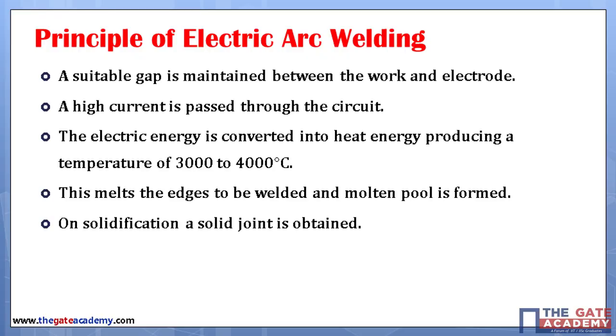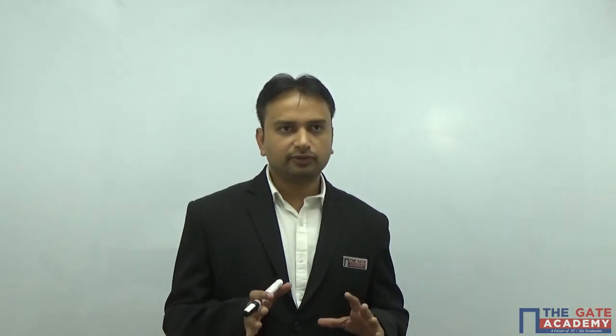Alright, my friends, the next topic we are going to talk about, as you can see on your screens, is the principle of electric arc welding. Now in electric arc welding, first of all, what happens? Let me give you an idea.